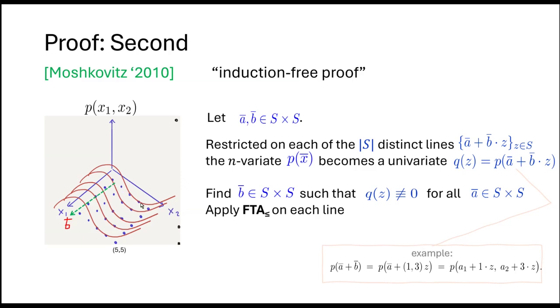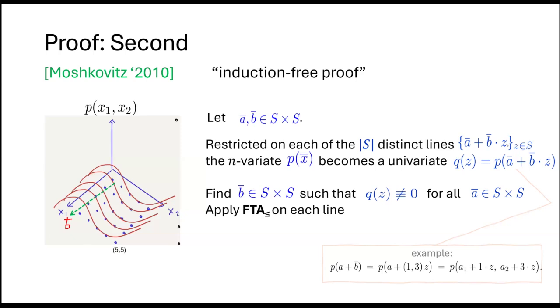Now what we're going to do is we take this B. It doesn't need to be, and it's not in the picture, parallel to this axis. We consider A, some point, some offset, plus B times Z. So this is a line. In this picture, it's an example of this line where A is something here, and B is the green line.